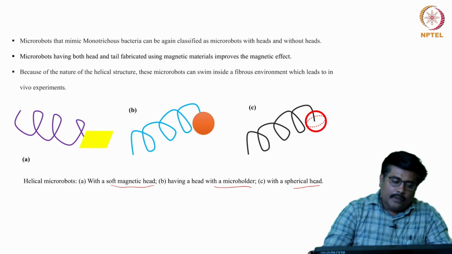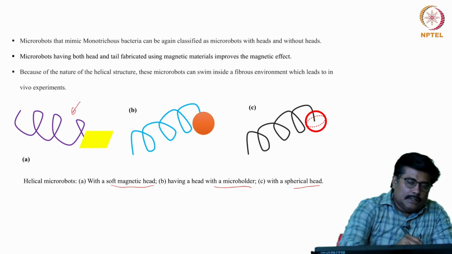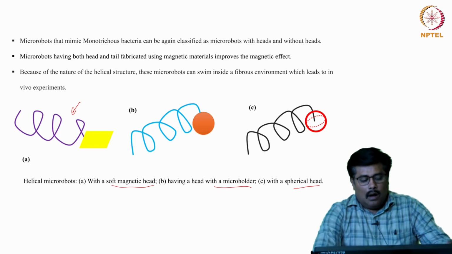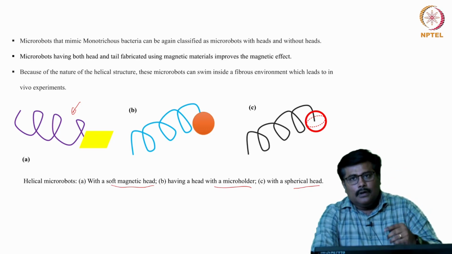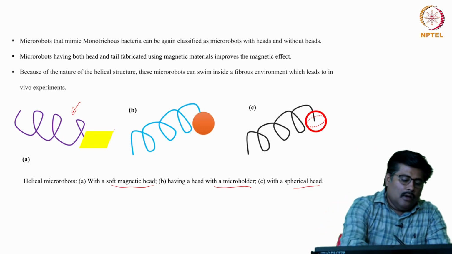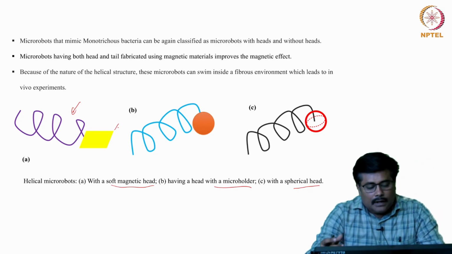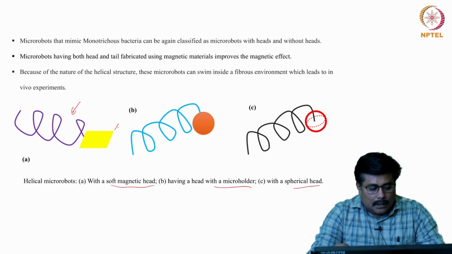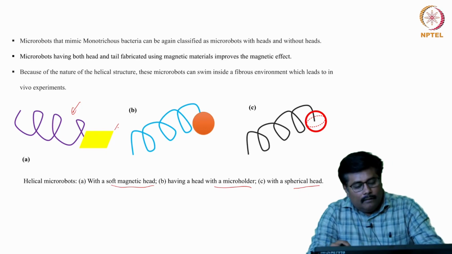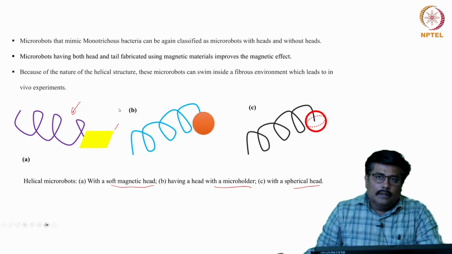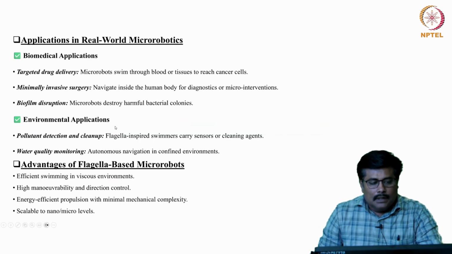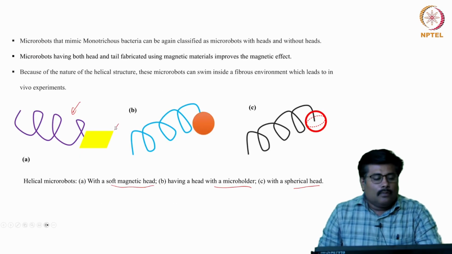Even though the locomotion is taken care of by the helical microrobot, from a direction perspective, the directions are well oriented with reference to such soft structures. So we have a soft magnetic head, small micro holders, and spherical holders, which take care of the locomotion.